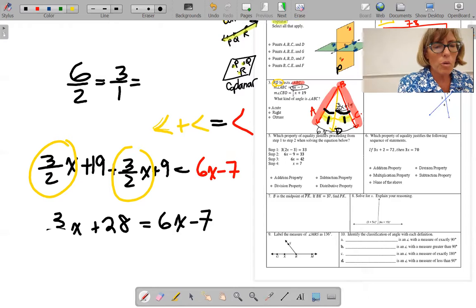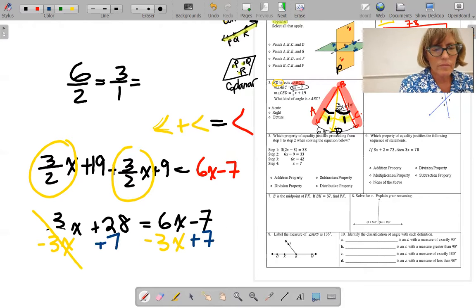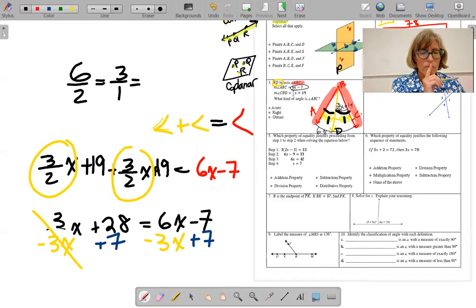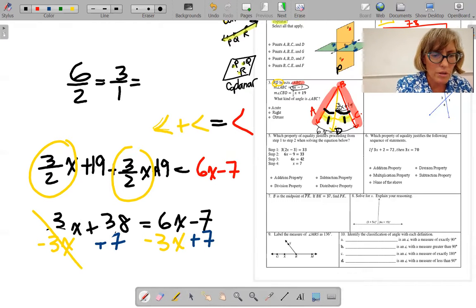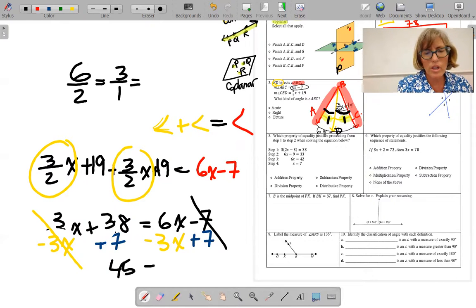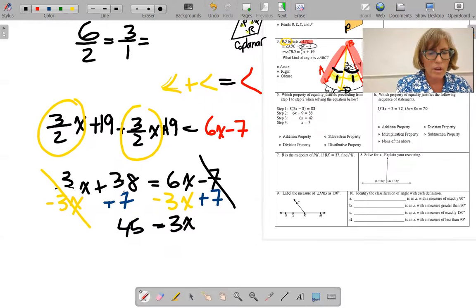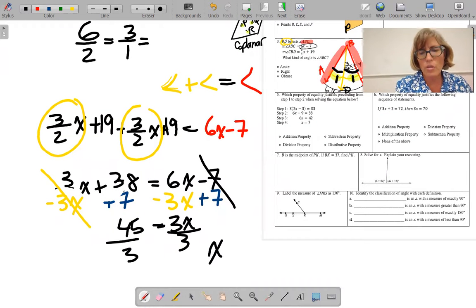Solving for x, of course. Got that one wrong there. That's 38. Got it. Cancel. That's going to be 45 equals 3x. And we solve, of course, and x equals 15.